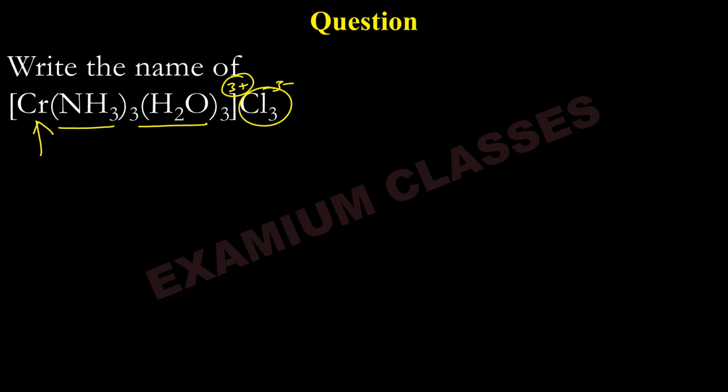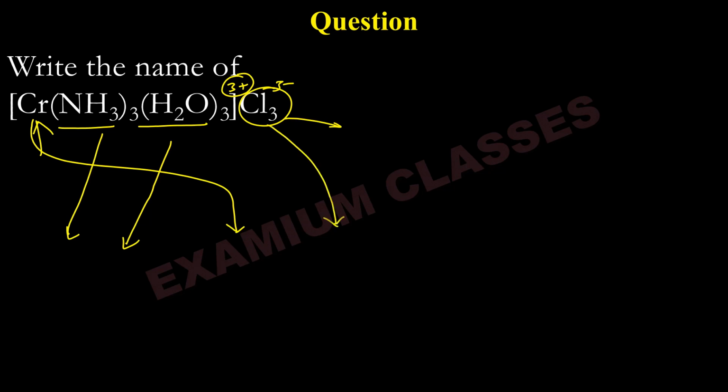It means it is very much evident that there will be 3 negatives pertaining to that one. So you don't need to write trichloride. For this one, you will end it with chloride only. But you will first name the ligands, then you will name the metal, then you will name this anionic part.